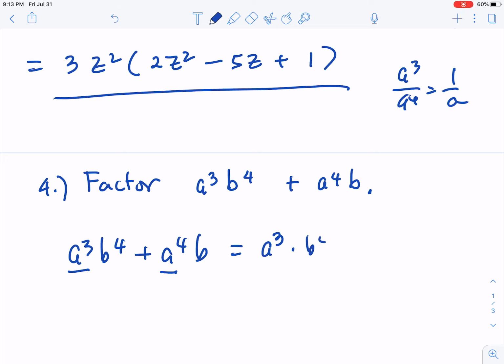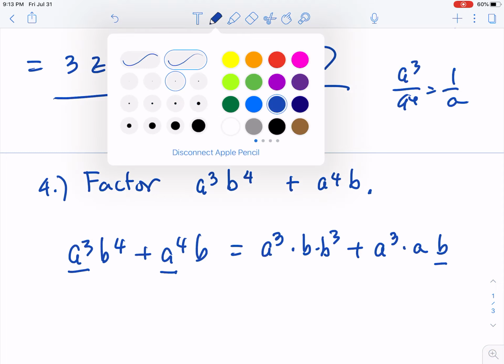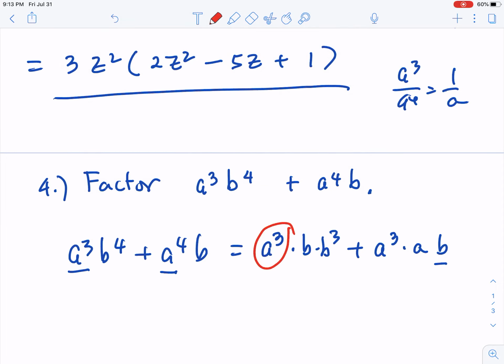A cubed times b to the fourth. Tapos, yung a to the fourth is a cubed times a, di ba? Tapos, meron kang b. Yung between b and b to the fourth, ano ang mas maliit? Yung b, di ba? So, ang b to the fourth is b times b cubed. And ang common ay yung a cubed at ano pa, yung b.